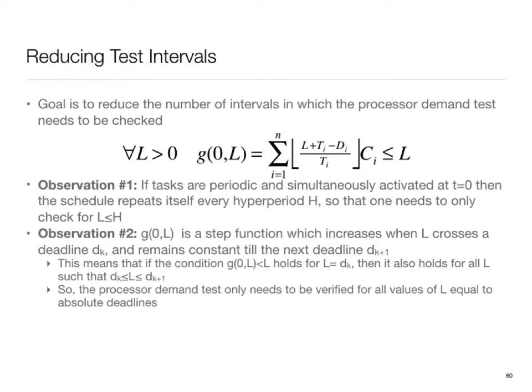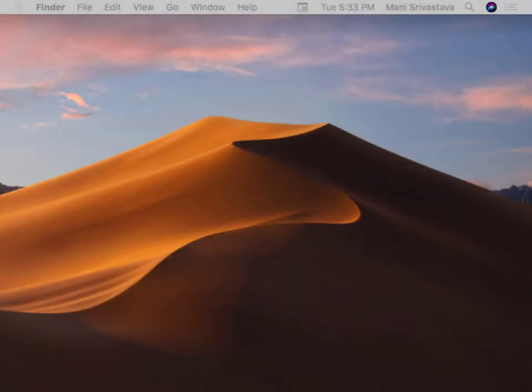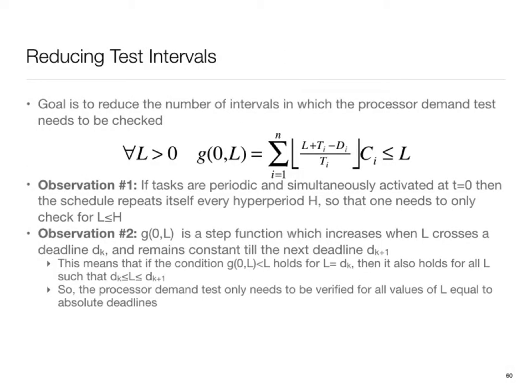So when L crosses those transition points, those are the only places we have to check.